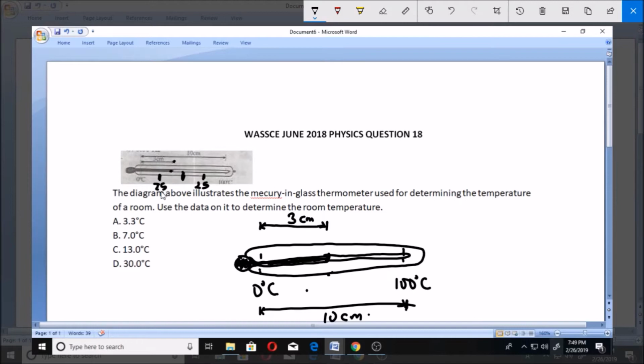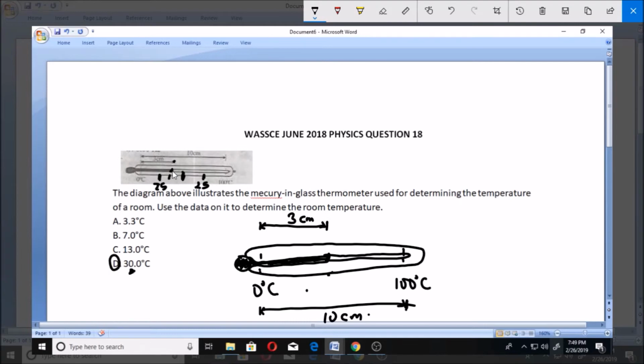So you can see that the very reading here is somewhere above 25, which we should be assuming to be 30 degrees. So from this sketch, we can say that the room temperature here is 30 degrees from the reading here.